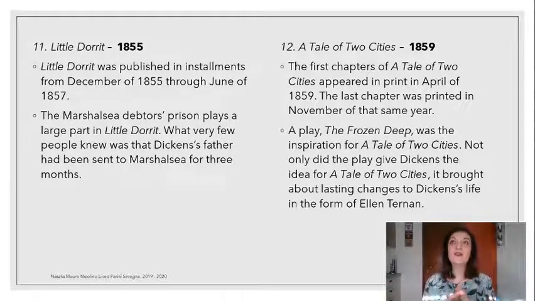In Little Dorrit, we find a very detailed description of the Marshalsea Debtors' prison. Don't forget what the Marshalsea Debtors' prison was. It was exactly the same prison where Dickens' father had been sent for 3 months for financial problems, for debts. So Dickens knew that prison very well.